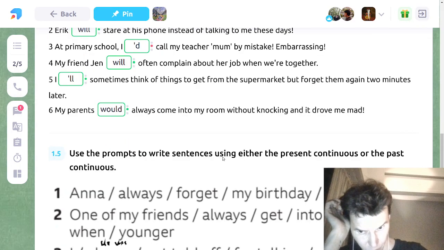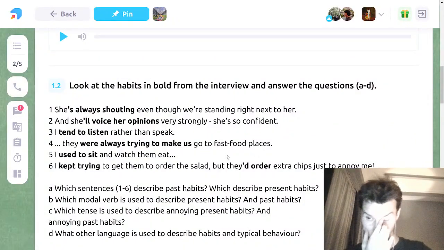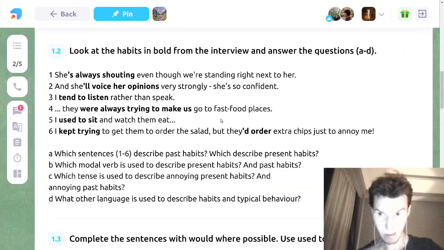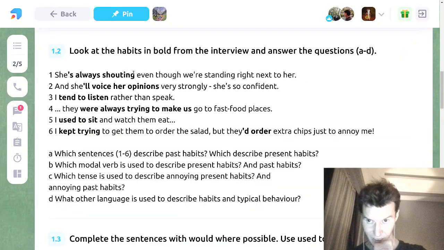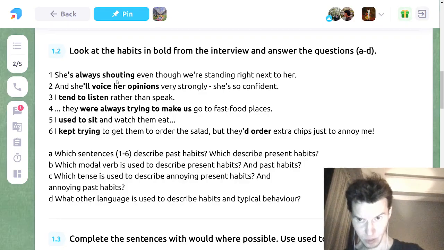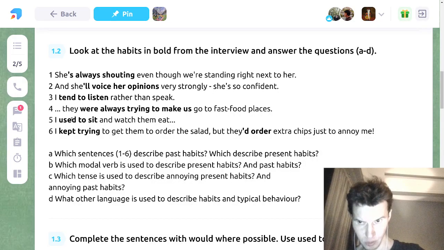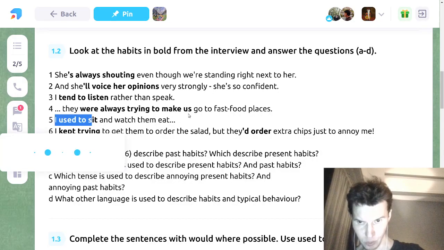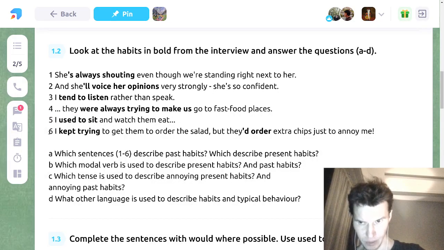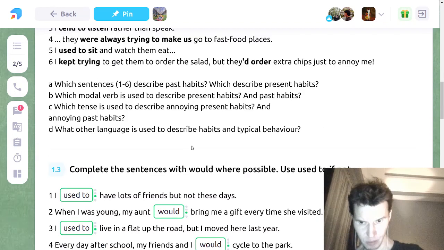And maybe this one too. Okay, so always and present continuous, future simple, I believe, and she voiced her opinions. Yes, future simple. I tend to. They were always, past continuous. I kept something, yes, about habits.